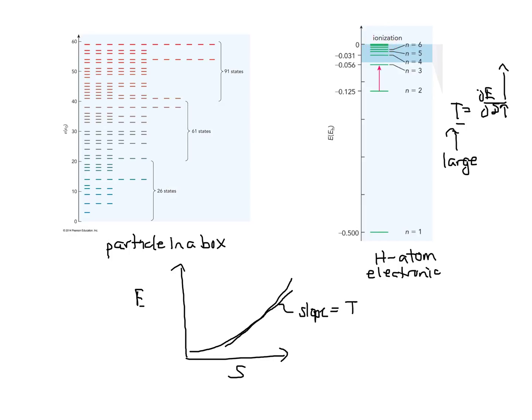And so, if I'm already at a higher energy, a little tiny change in the energy makes a huge change in the number of microstates, and that means that I have a small temperature required to make that change. So the temperature is related to the density of states. The more densely packed the states are, the smaller the temperature. The less densely packed, the larger the temperature.